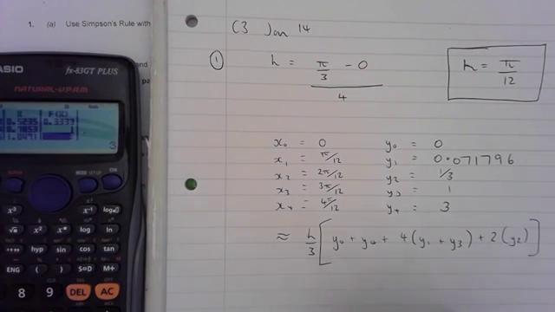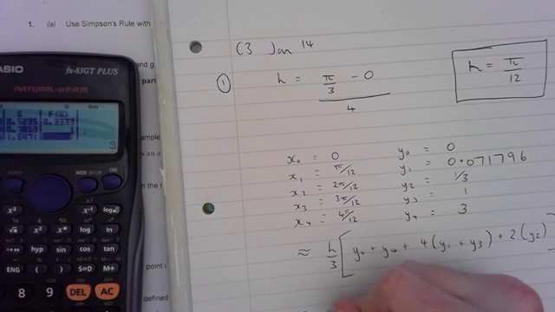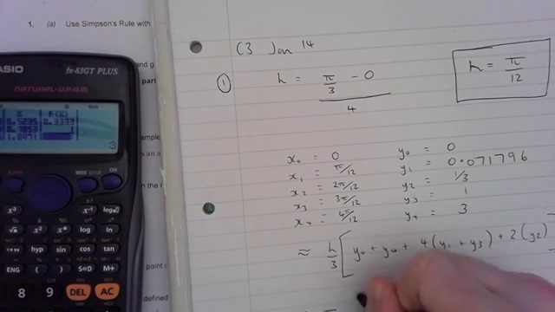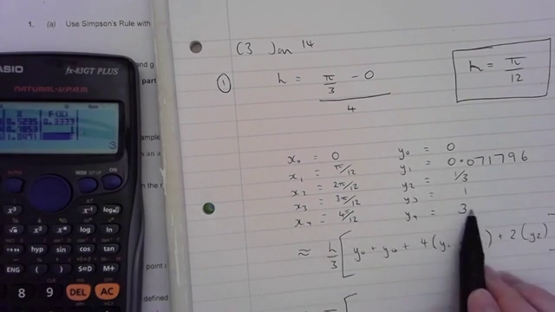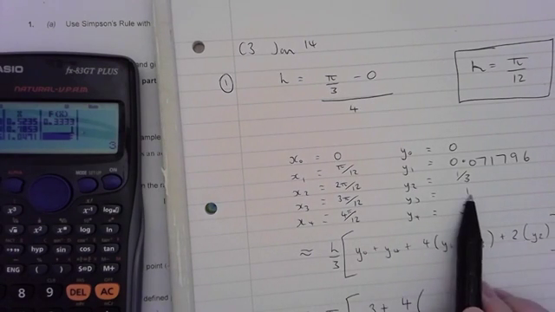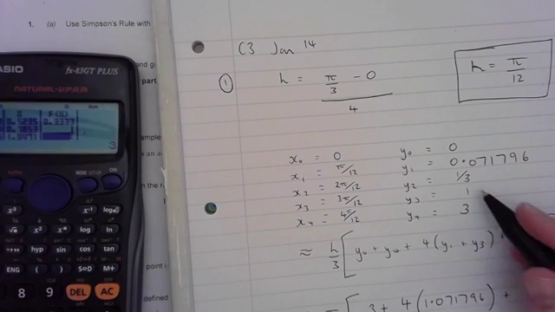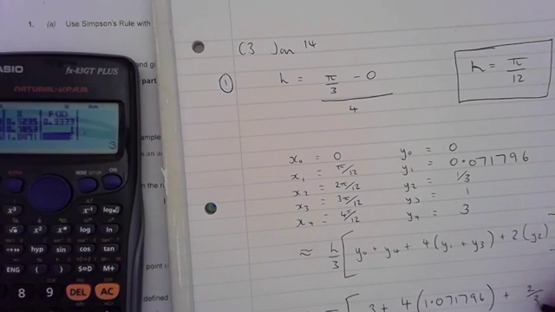So h over 3, so that's going to be pi by 12 divided by 3, which would be pi by 36. Then we get y0 plus y4, so that's 3, plus 4 lots of 1 plus that, so that's just going to be 1.071796. Don't normally work out quite as nicely as this. Plus 2 lots of y2, so plus 2/3 then.